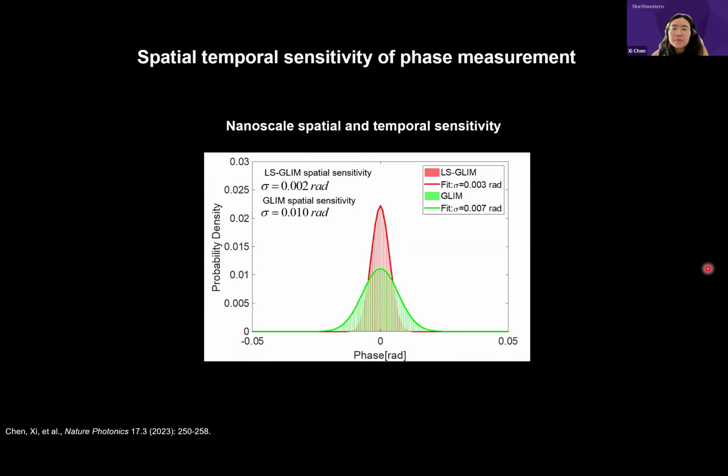This graph shows that we still have nanoscale spatial and temporal sensitivity. LS-GLIM stands for laser scanning gradient light interference microscopy, which we developed in this project. GLIM was previously developed in Gabby's lab, which is a wide-field version. We can see that laser scanning GLIM has better spatial sensitivity and better temporal sensitivity, and both have nanoscale sensitivity.